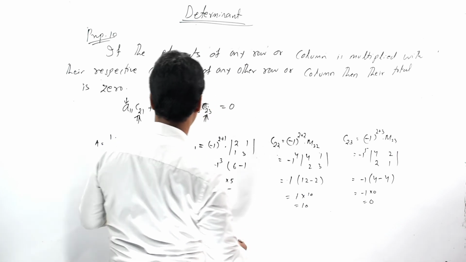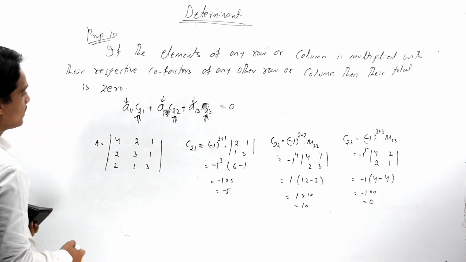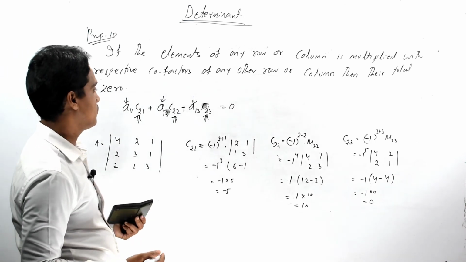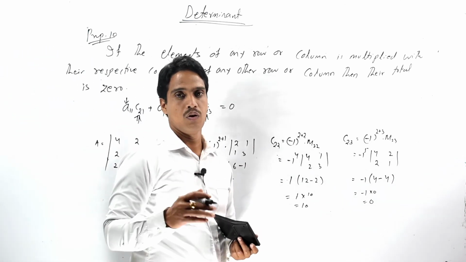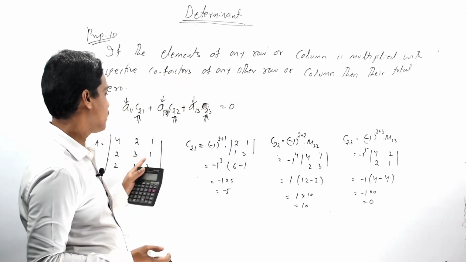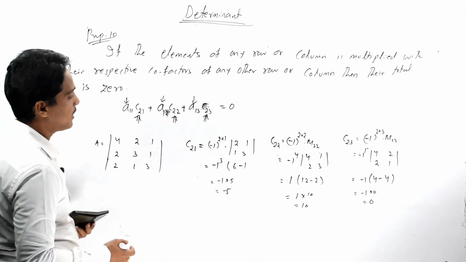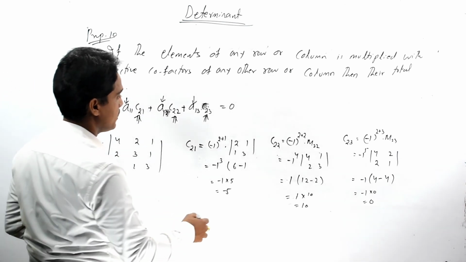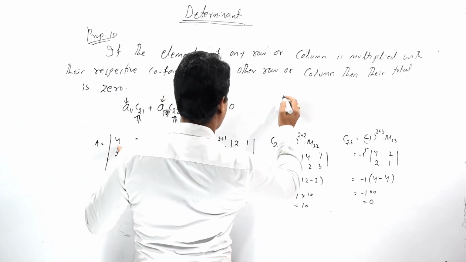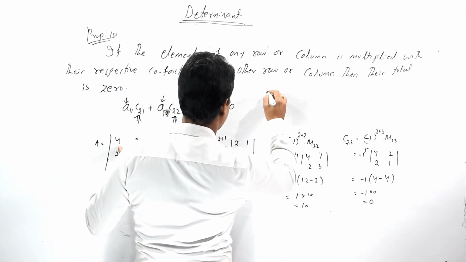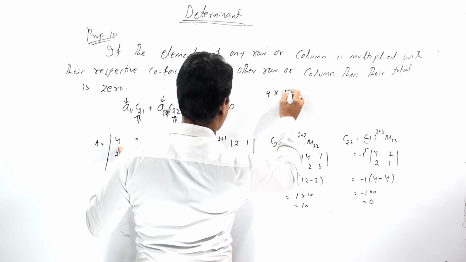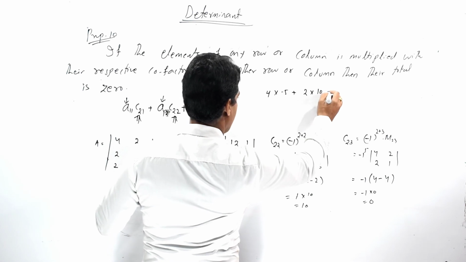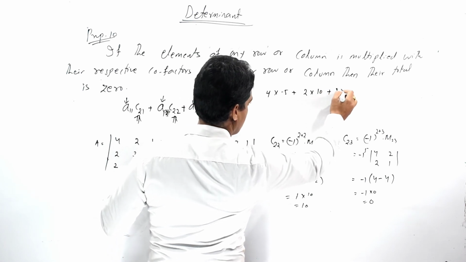So now we can prove that if we multiply the elements of the first row or third row with the cofactors of the second row, then their total should be 0. Our first row values give 4 into minus 5 plus 2 into 10 plus 1 into 0.